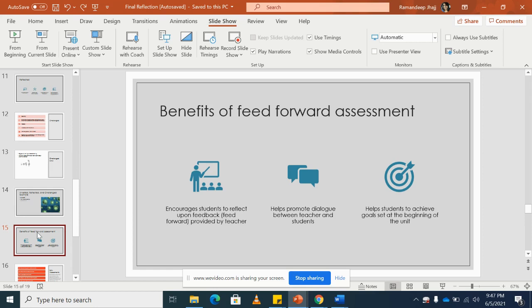There are many benefits of using feedback, or in our seminar we used the term feed forward, we didn't use the term feedback. Feed forward encourages students to reflect upon feedback provided by the teacher. It helps promote dialogue between teacher and students, and helps students to achieve goals set at the start of the unit.